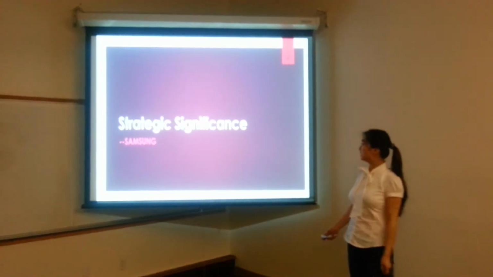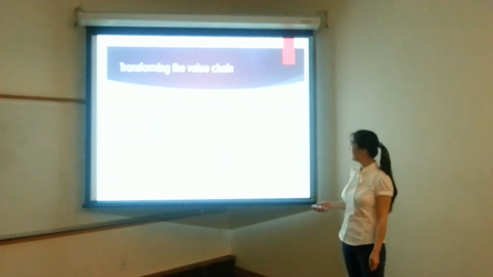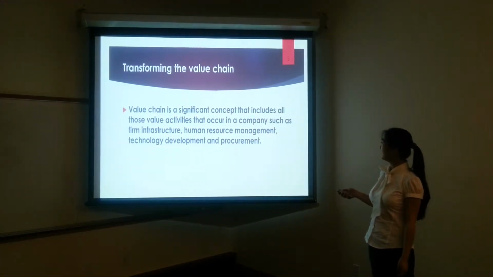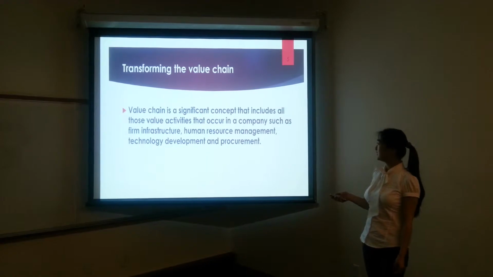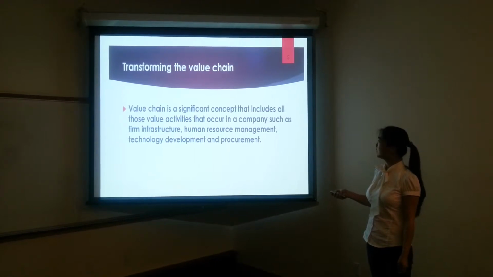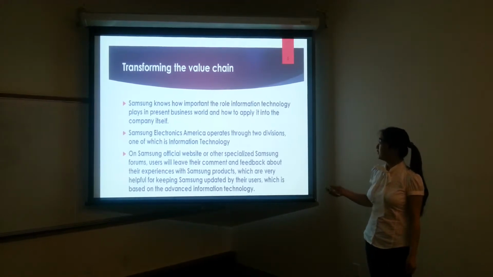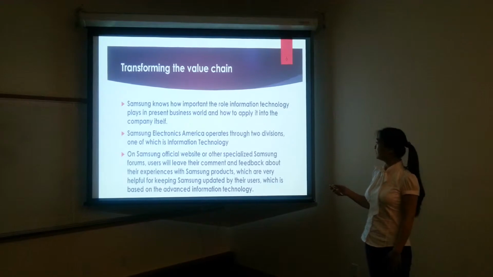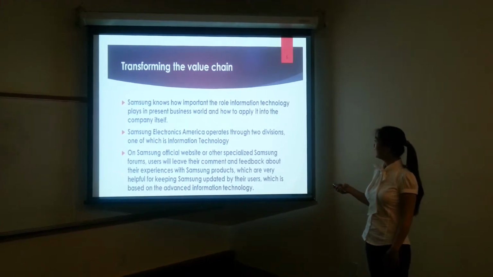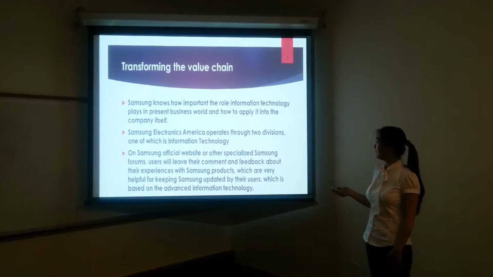I'm going to talk about the strategic significance. Value chain is a significant concept that includes all those value activities that occur in a company, such as firm infrastructure, human resource management, and other processes. For example, Samsung knows how important the role information technology plays in this time and how to apply it into the company itself.